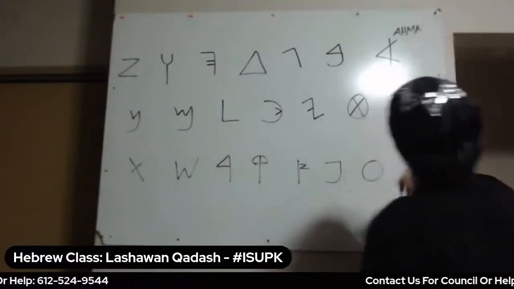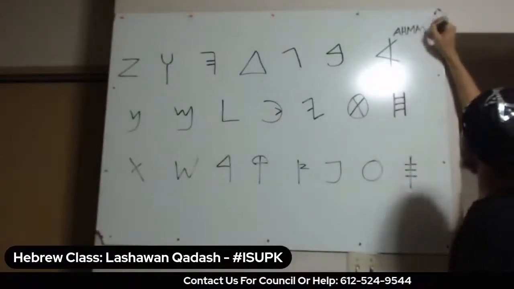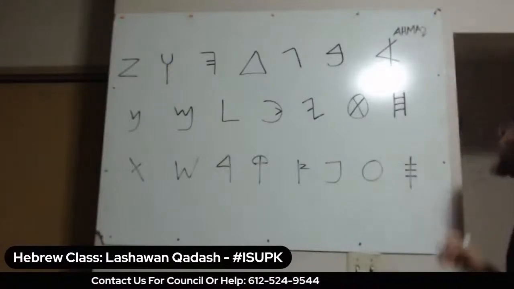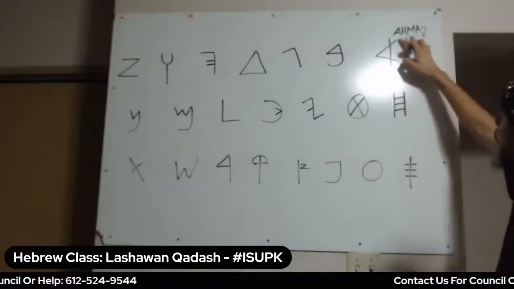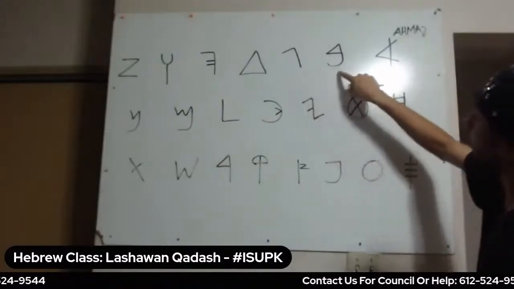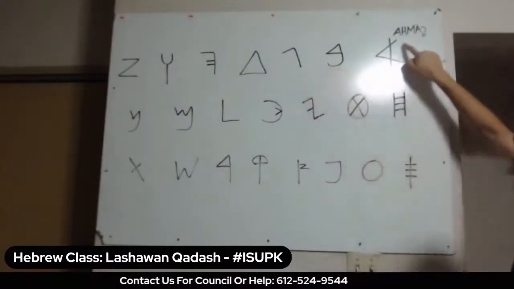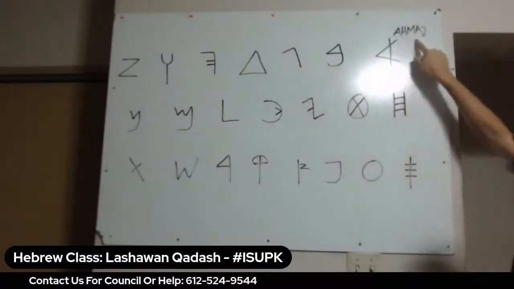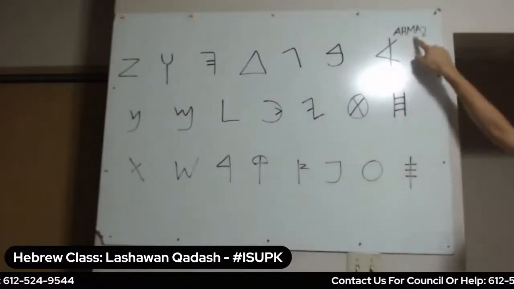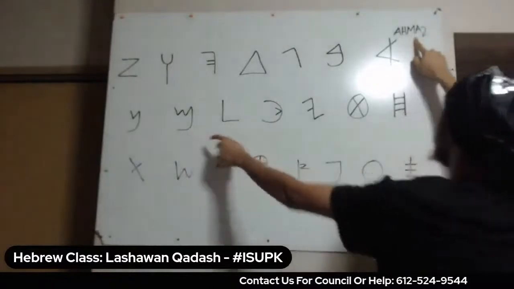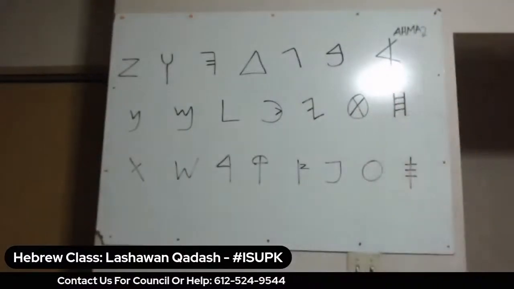So we have a word. The word is ma. Each letter, we are going to start off with the beginning of each letter. So ma is a word. This is the ma right here, and this is the letter right here. Ma.